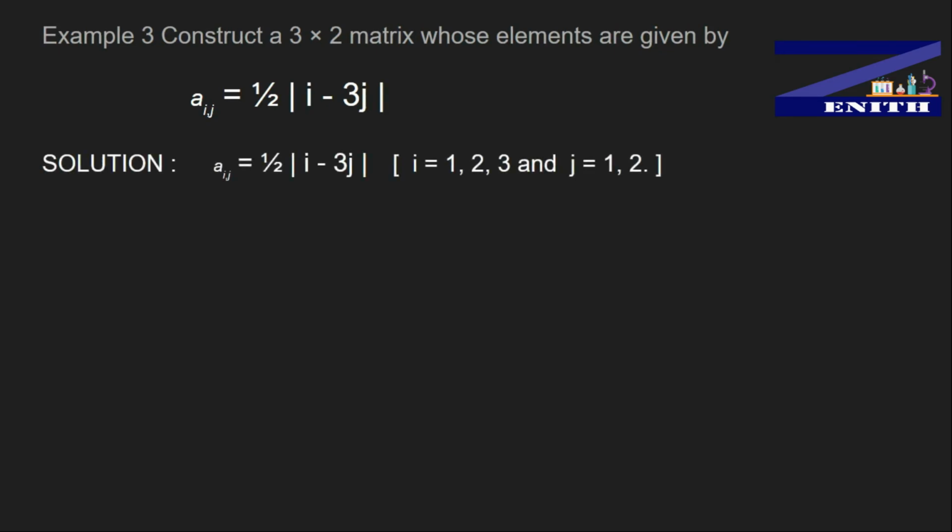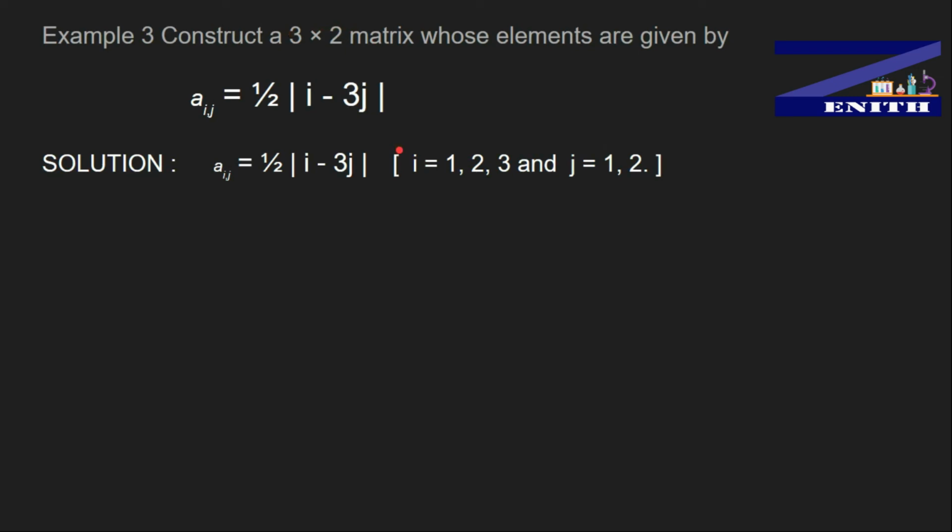First of all, Aij is equal to 1 upon 2 modulus of i minus 3j, where i will be equal to 1, 2, 3 and j will be equal to 1 and 2, because this one is the row and this one is the column. Row i is equal to 1, 2, 3 and j will be equal to 1 and 2. So now I think we have solved 50% of the question.